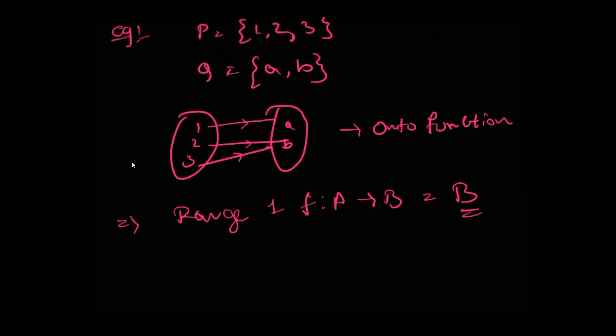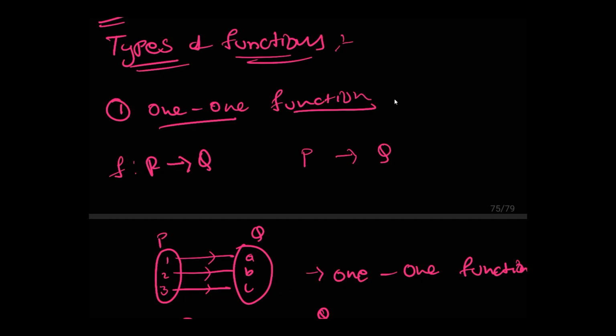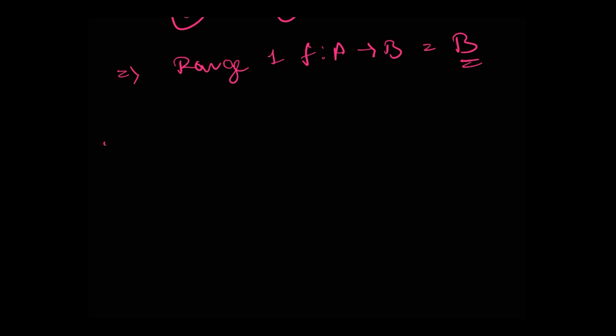Also, another name for a one-one function is injective. Now, if a function is both injective and surjective, we call it a bijective function.